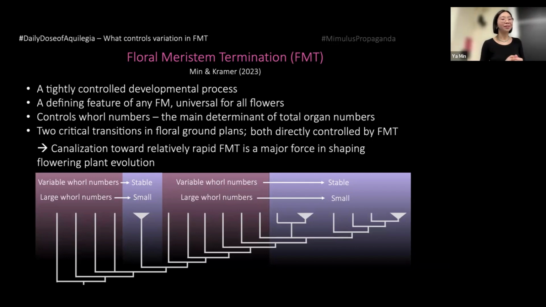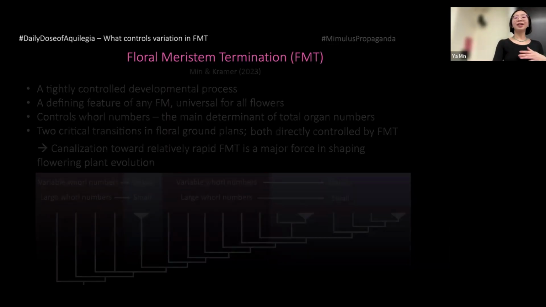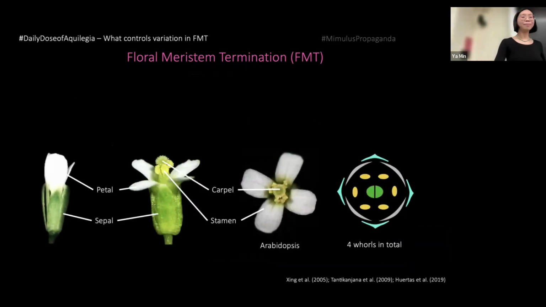Well, now you can ask, what do we actually know about the termination process? Let's come back to the lab rat example for plants, Arabidopsis. For Arabidopsis, we actually know quite a lot. The Arabidopsis flower is very simple. It's very small, only has 4 whorls of organs, and each organ type occupies 1 whorl.